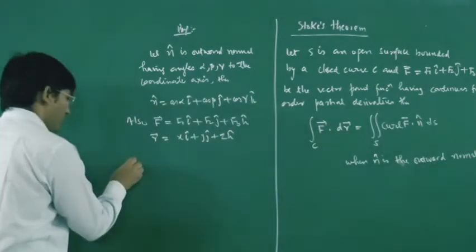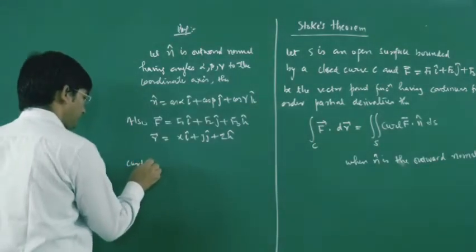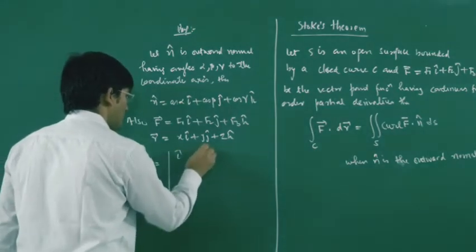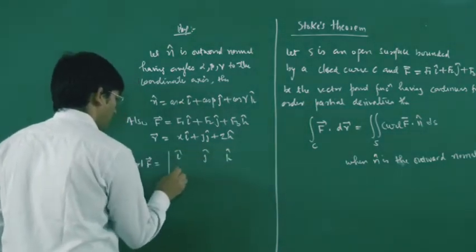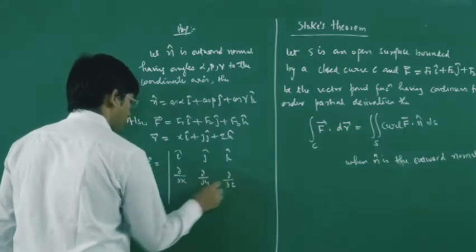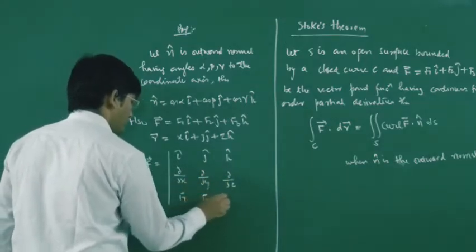The curl of F will be the determinant with rows i, j, k; del by del x, del by del y, del by del z; f1, f2, f3.